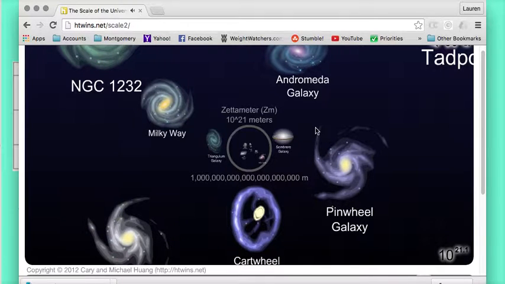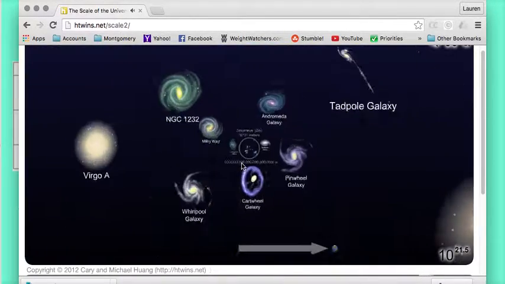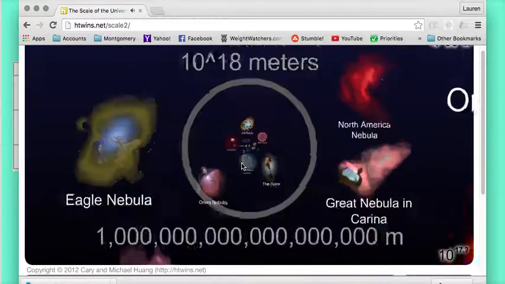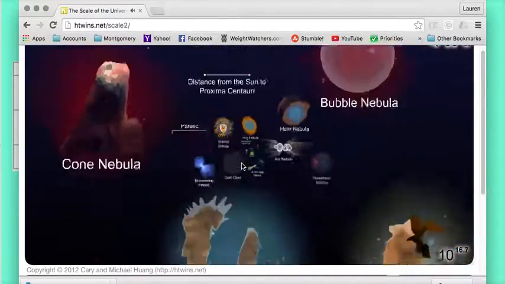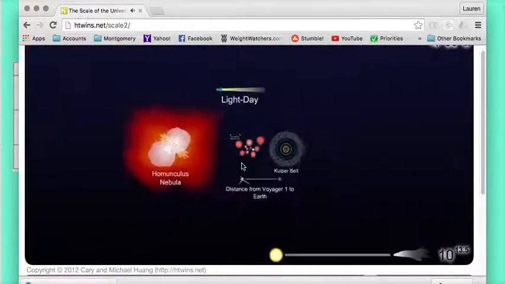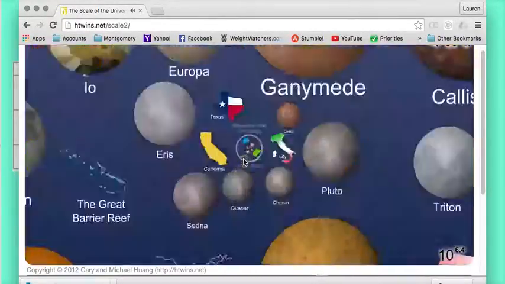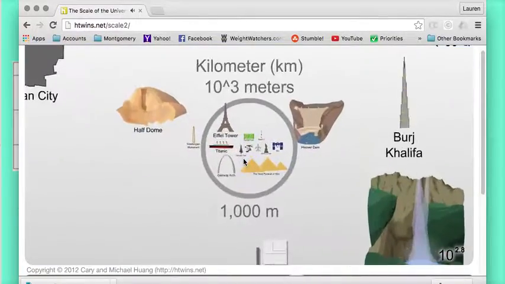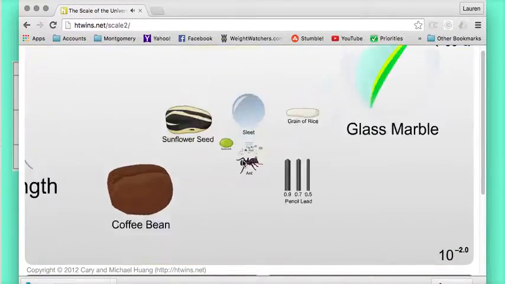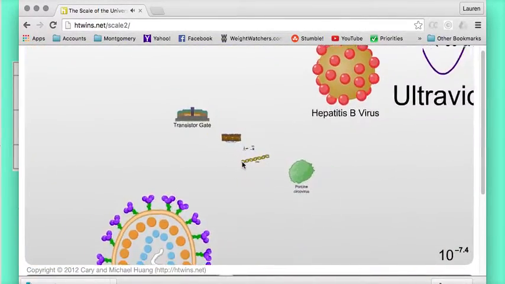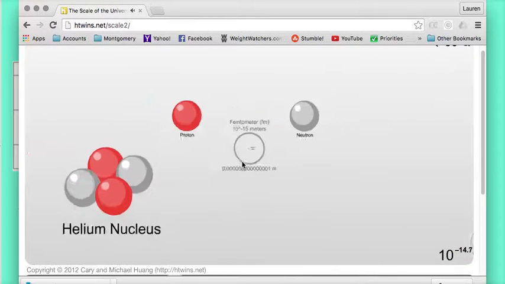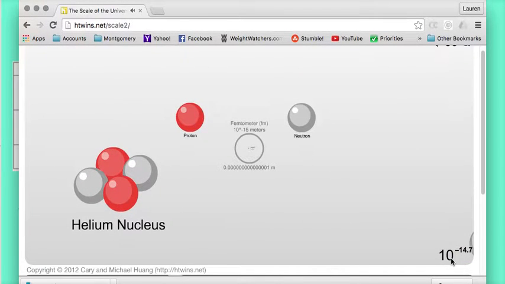So scientific notation is super powerful, very convenient when we're talking about either these very large things, or if we zoom all the way back in, these very small things. Until we get down to a helium nucleus at 10 to the negative 14.